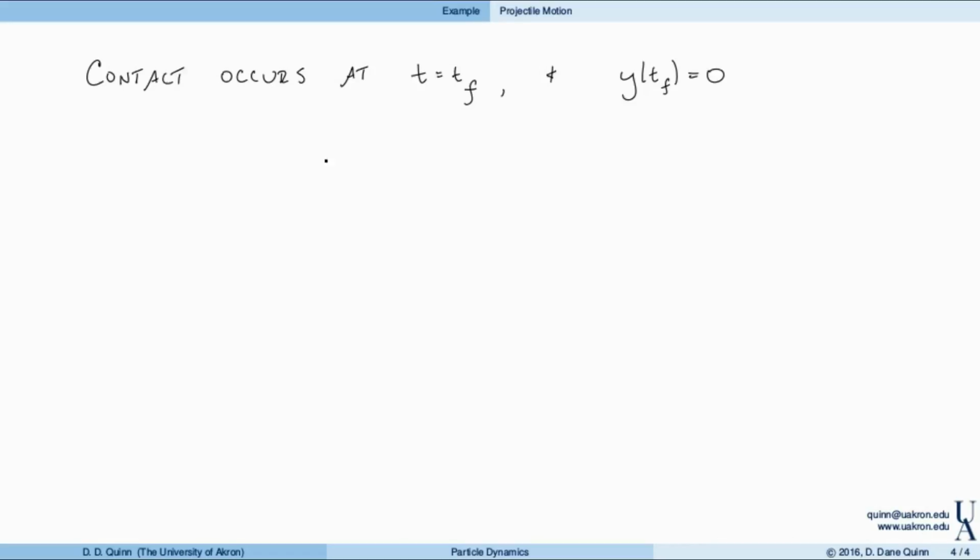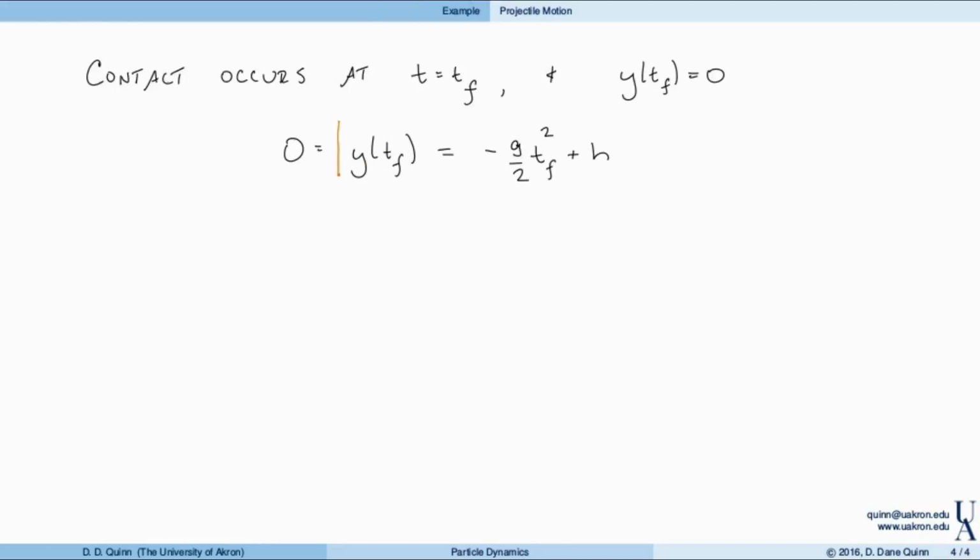As a result, we see that 0 is equal to the value of y at t final, but the value of y also has to satisfy the response from the equations of motion. So that was minus g over 2, and it occurs at t final, so it's minus g over 2 t final squared plus h.